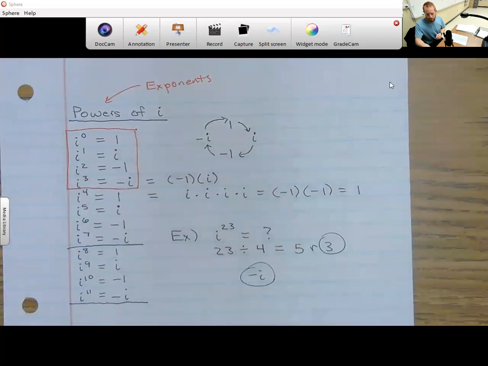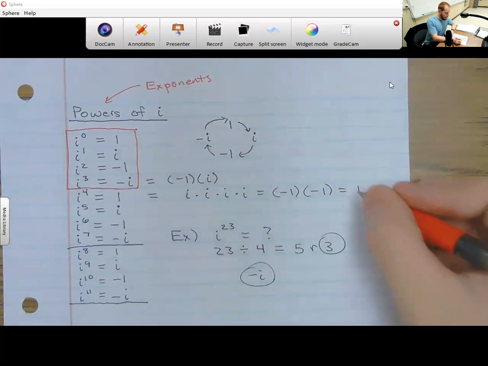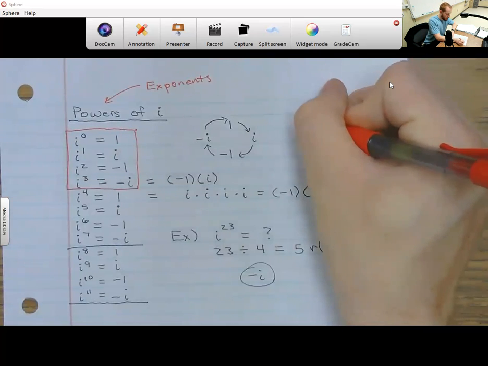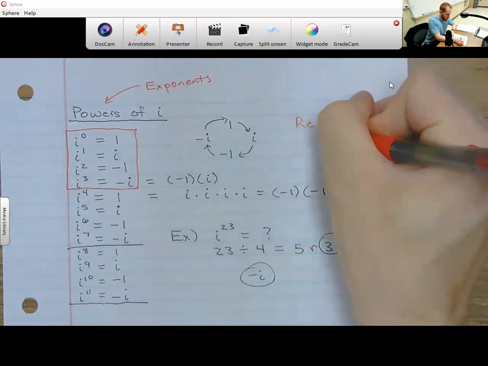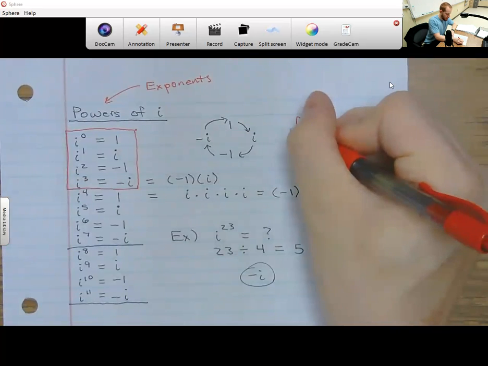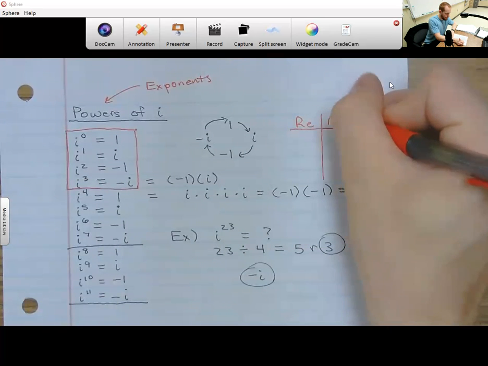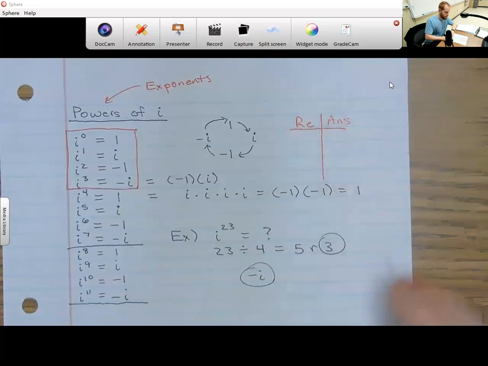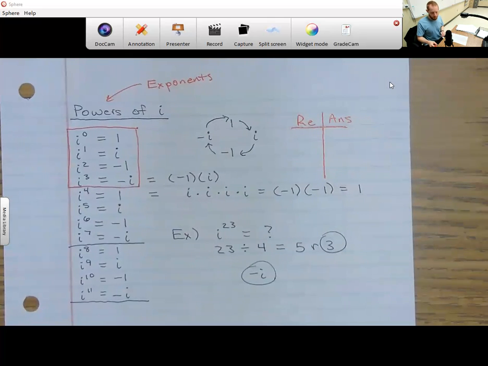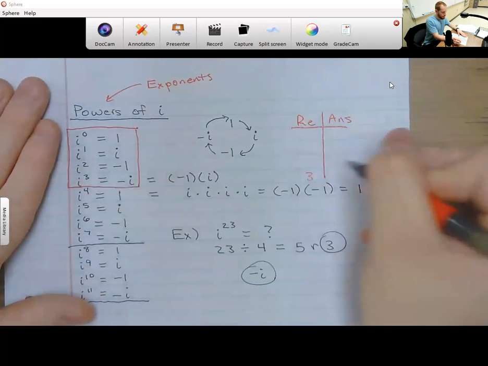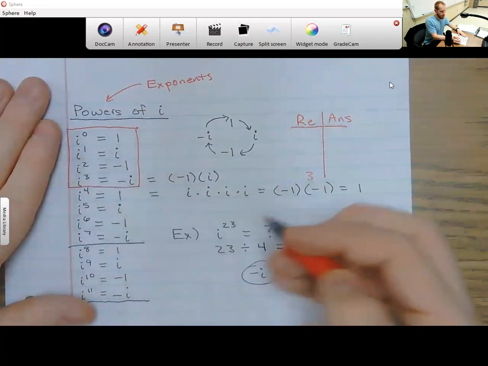So another way you can think about it is you have a remainder, which I'm going to call RE, and you have an answer, ANS. We could say, what's your remainder? If your remainder is 3, then your answer is going to be -i.